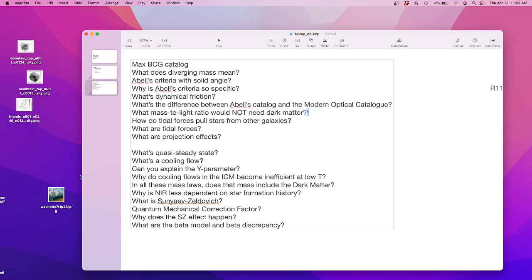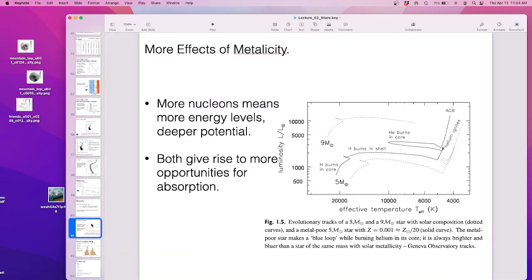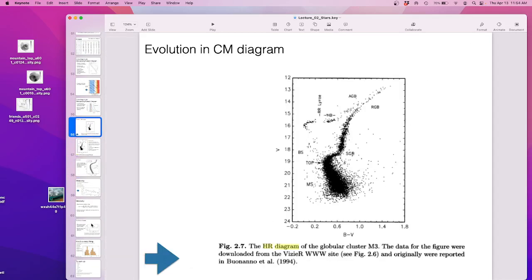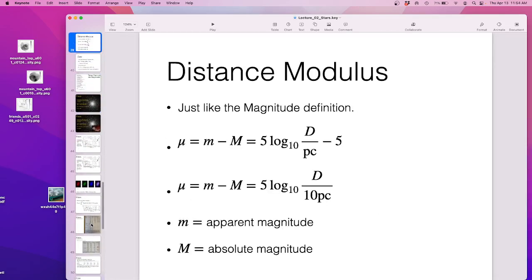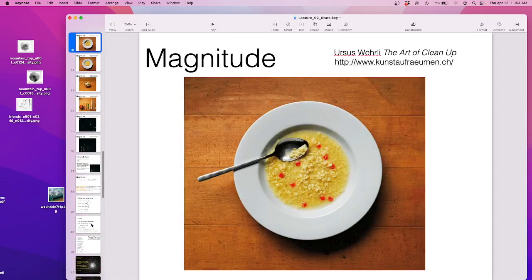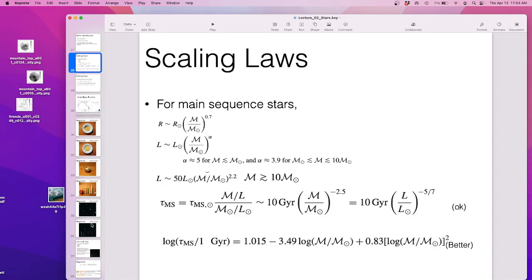And I'm going to pull up these scaling relationships because I'm going to say something wrong if I don't pull up the right answer. It's in here, right? There it is. Okay. Luminosity.